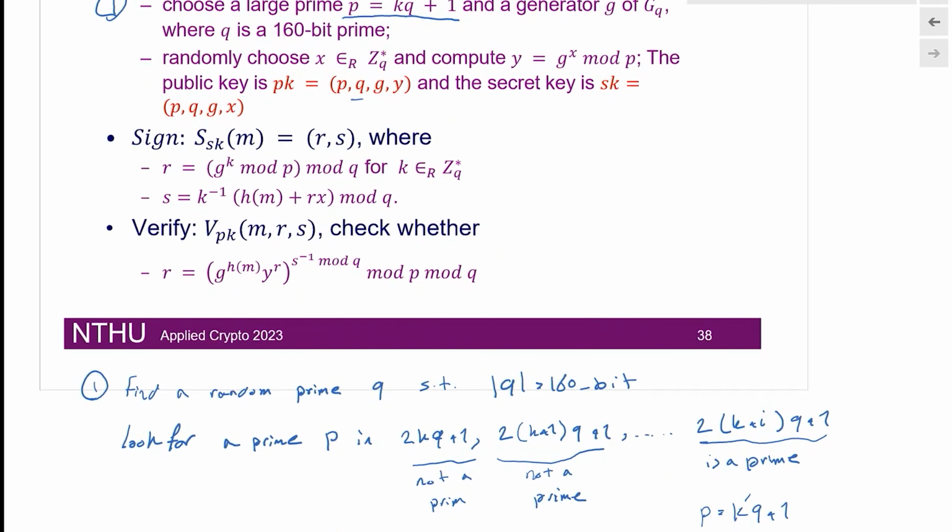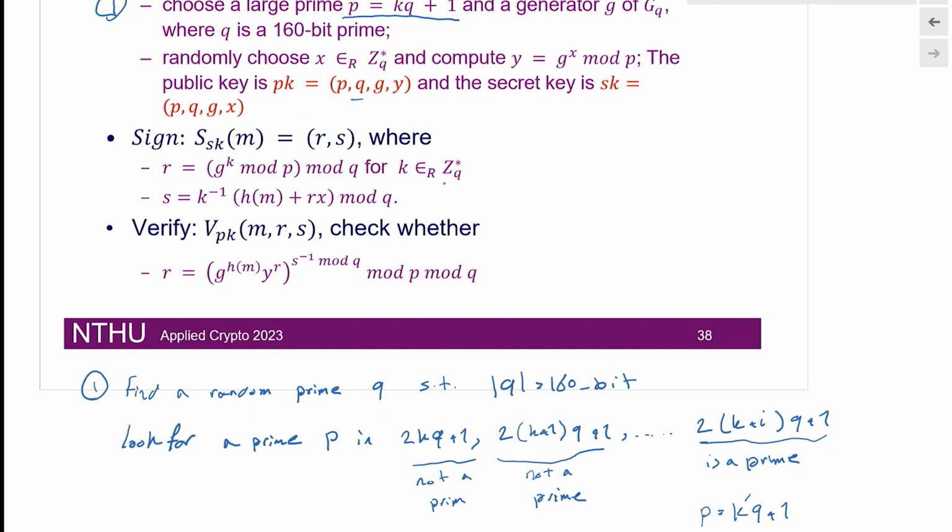So let's see the signature scheme and how that is different. It looks like the same signature scheme: we sign with the secret key on M, and we return the same things, R and S. But they start to become slightly different.